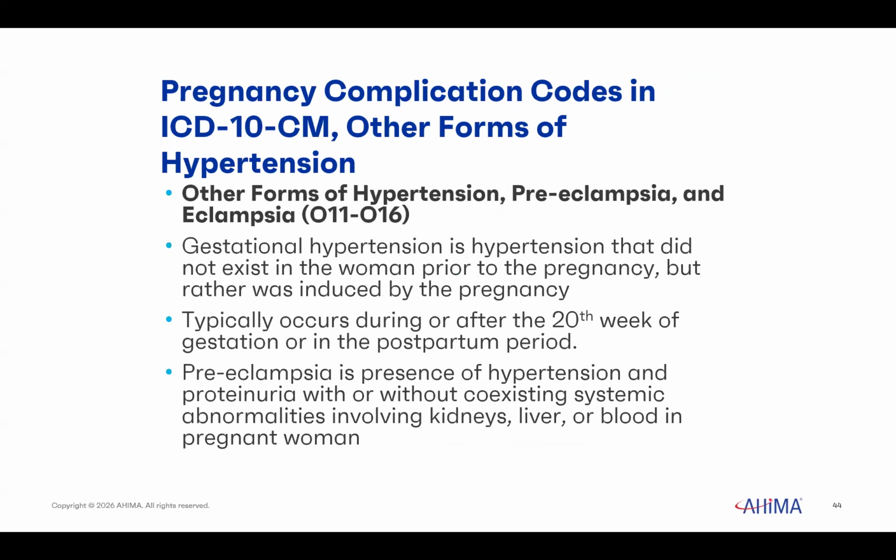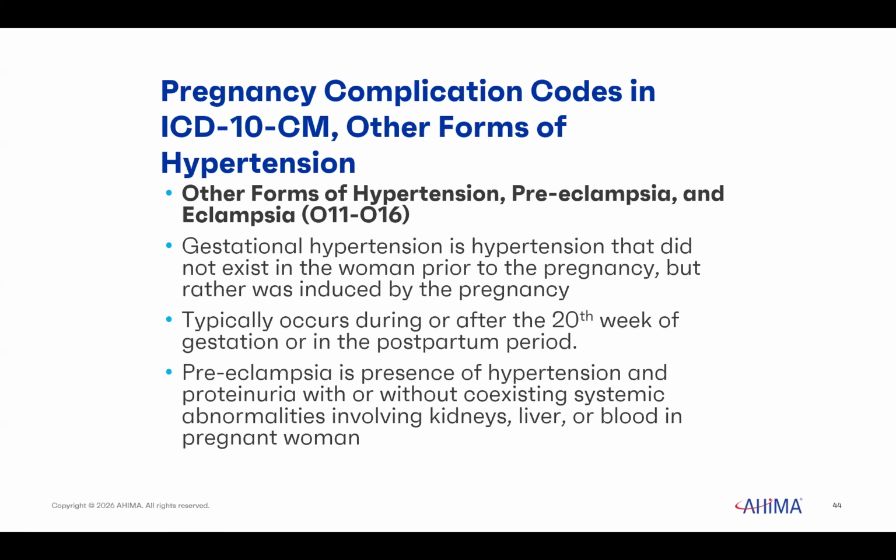Gestational hypertension, preeclampsia, and eclampsia are pregnancy-specific conditions with clear, specific, distinct coding rules. Gestational hypertension is hypertension that did not exist in the woman prior to pregnancy, but rather the pregnancy induced or caused the hypertension, right?